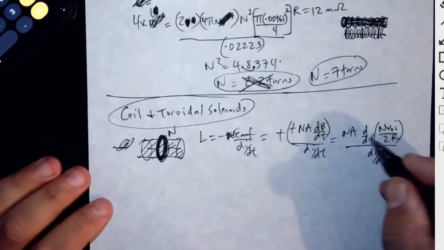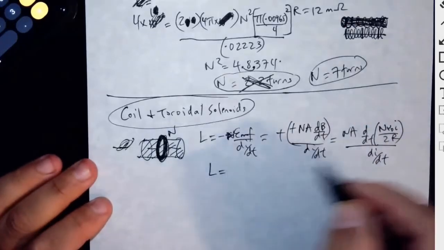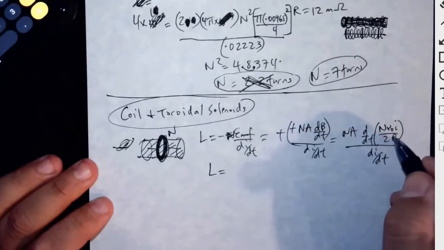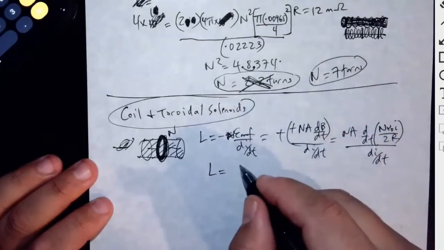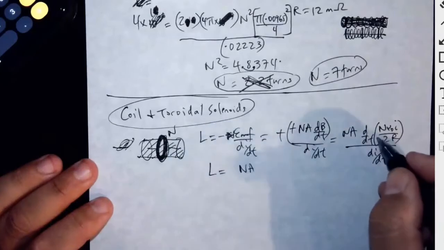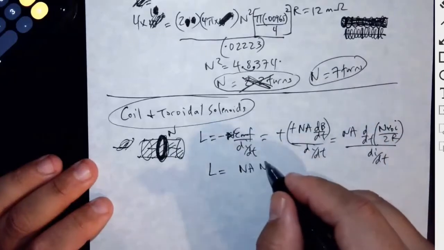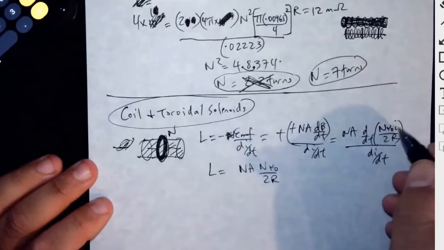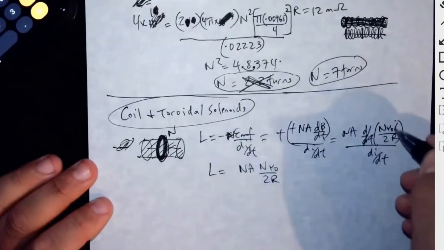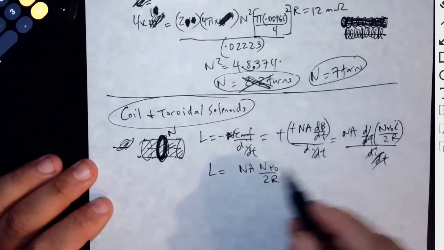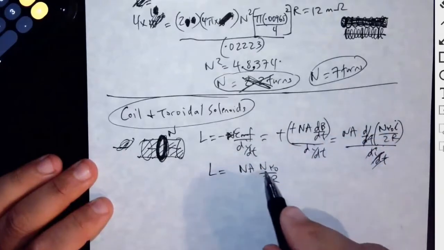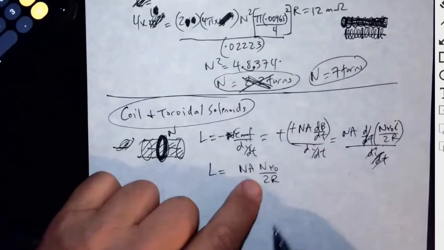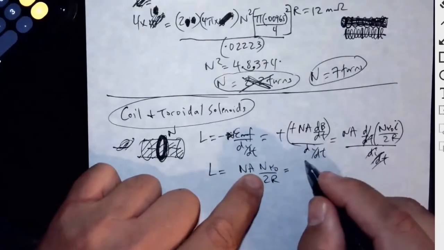Then you're going to have, what, L is N A, and then the N mu 0 over 2R is going to come out, and di dt is going to cancel the di dt again. So it's just N mu 0 over 2R, and then A is going to equal pi R squared.